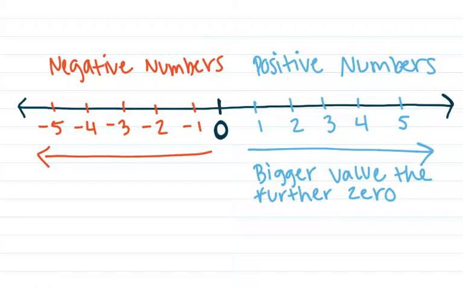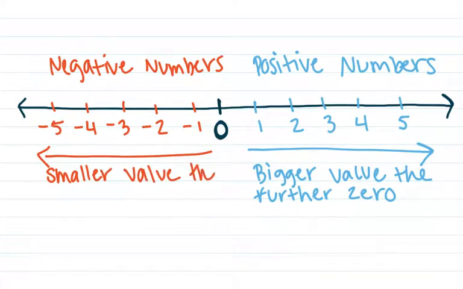As I travel to the left further from 0, the value of my numbers becomes smaller. So for example, -5 actually has a smaller value than -1 because it is further away from 0 on a number line.